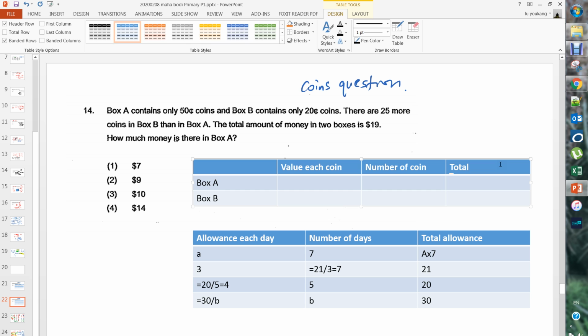If you define this as value each coin, then here you use number of coins. That means you have already used the coin, so this has to be total value. It's just like you ask yourself, okay, I have 50 cent. Then I have two 50 cent. So you have how much?